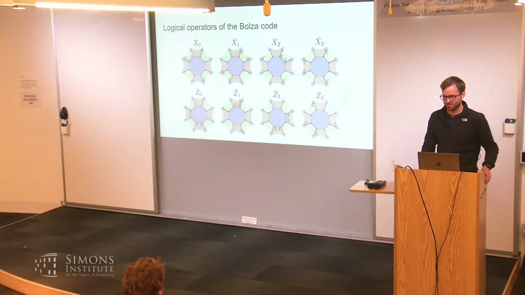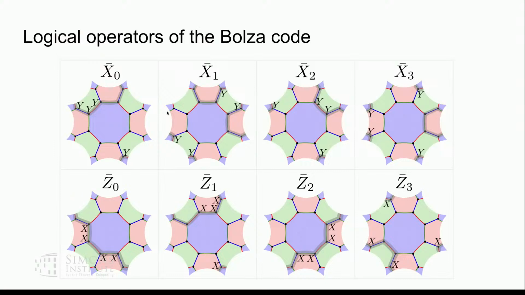This is just an example for the small code, the examples of the logical operators. Each logical operator is associated with a homologically non-trivial path through the lattice. I'll explain how the logical operators are updated in a minute. Essentially, we need both the logical path and the Pauli operators in its support.